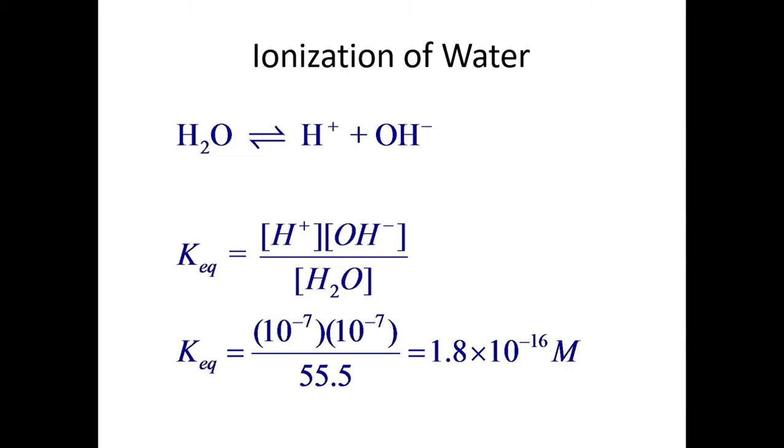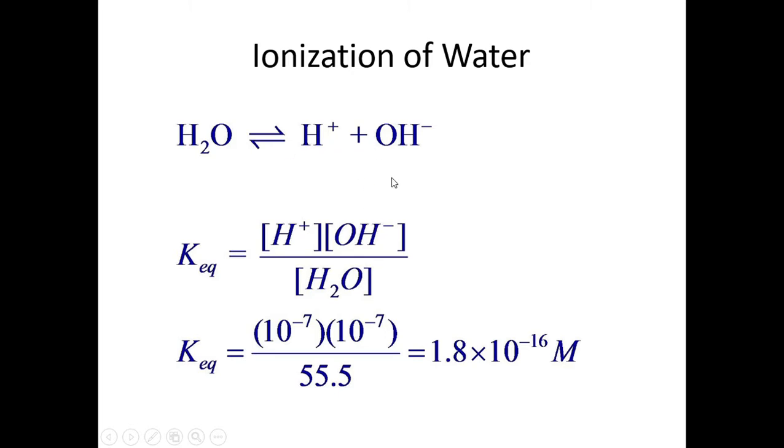If you remember your equilibrium expressions from Gen Chem 2, the products of that dissociation are in the numerator, and the reactant, or whatever's on the left of the equation, is in the denominator. So we have the concentration of water below the concentration of hydrogen ion and hydroxide ion.